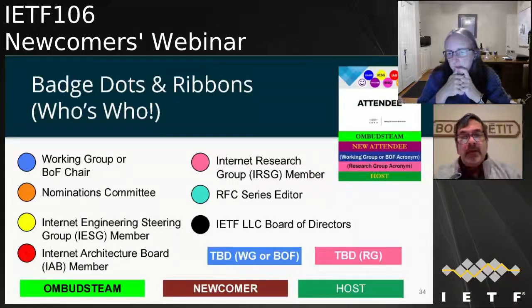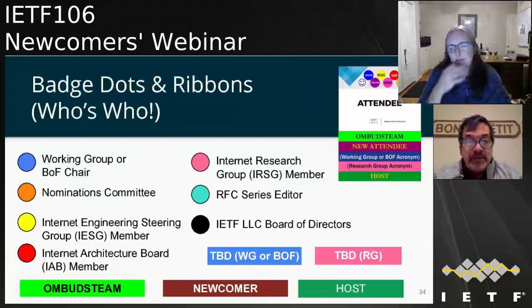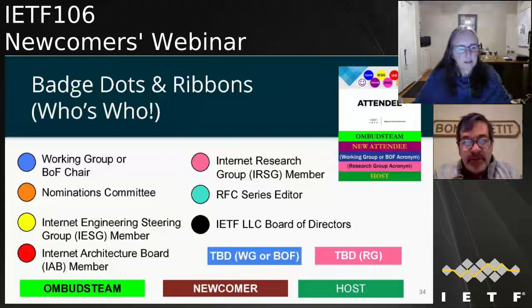The ribbons attach underneath. There's a few that are still good, still useful. The host, people who paid thousands of dollars to host the meeting and pick up some of the expenses. The ombuds team, you'll see with bright green. And then the new attendees ribbons are useful, so you can find other people who are new. As I mentioned, if you've been to 5 or fewer, you can still consider yourself to be new.